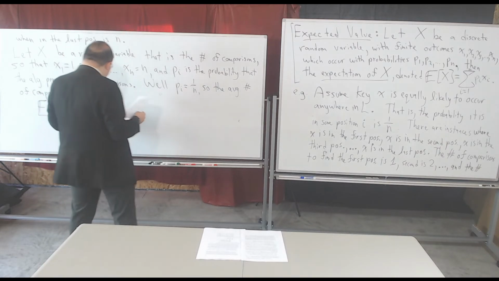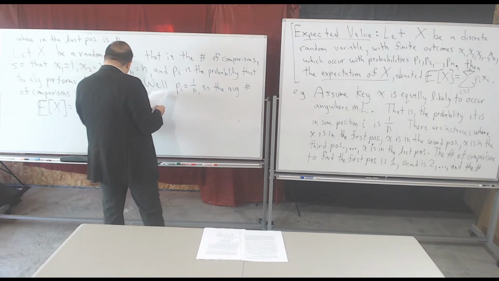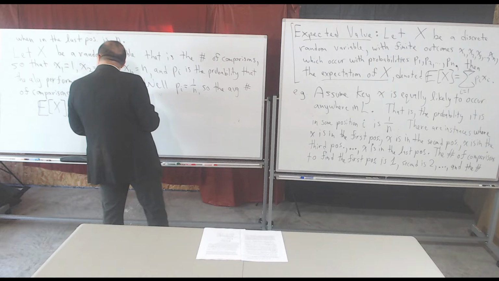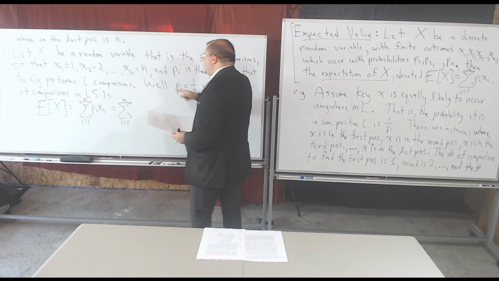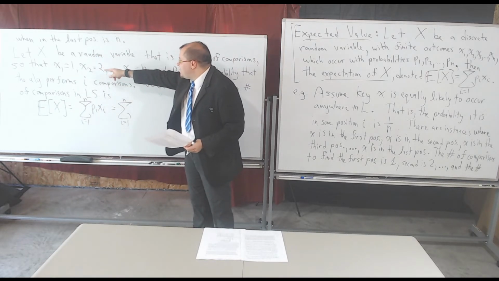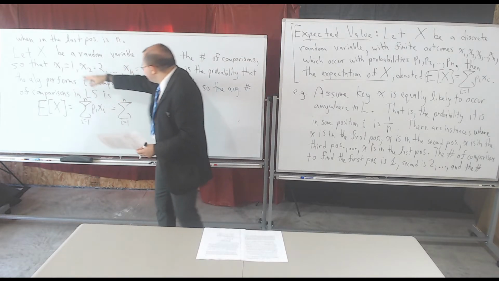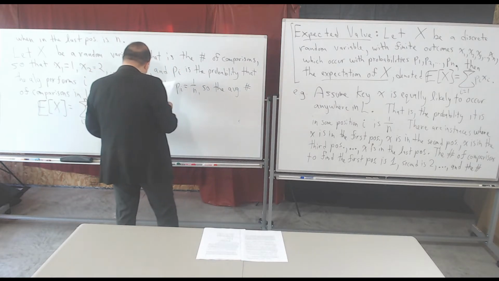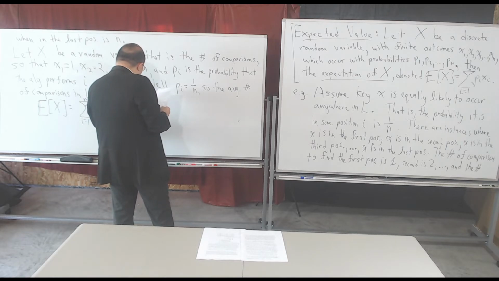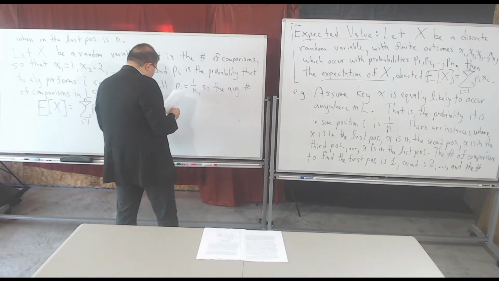Well, what is this? P sub i, remember we established, is 1 over n, right? Now here's the great part. Each one of these x_i's matches exactly, so if I give you x sub i, it's just equal to i, right? So I can just plop that in. It's not too hard. So I got 1 over n times i.